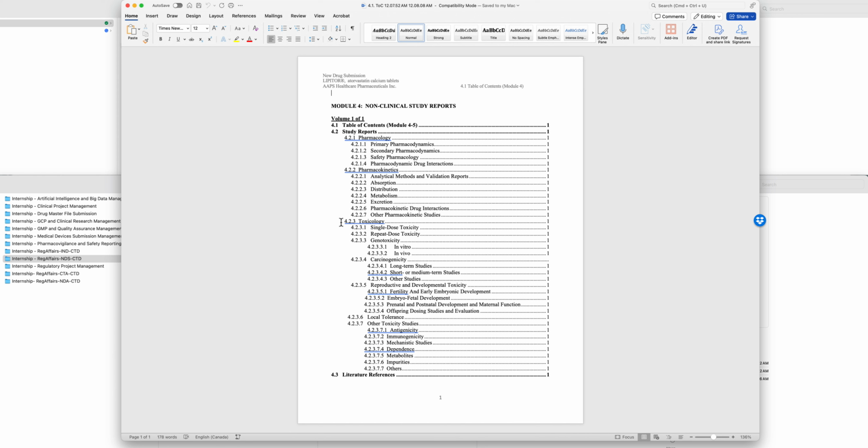Now, we can cause those signs and symptoms of side effects by a single dose, where we are going to again add all of the study reports related to the single dose toxicity studies, as well as we can repeat a dose, and in this case we are going to have repeated dose toxicity studies where we are going to add into module 4232.